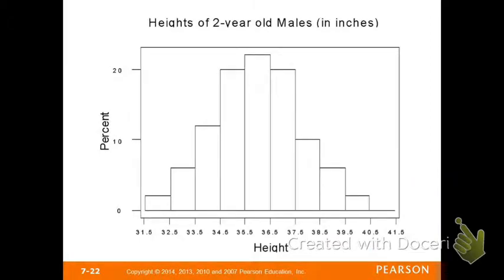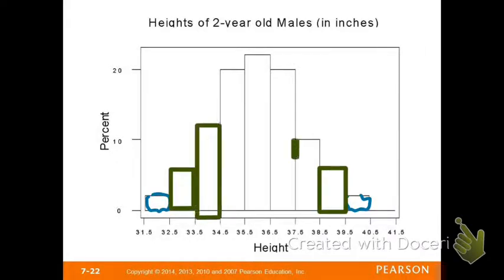So you can see that we have something that looks fairly normally distributed. You know, we have a lot of symmetry going on here. These two rectangles are about the same size, or exactly the same size, as the next two rectangles are about exactly the same size. There's a little disparity between these two, but it's not much.